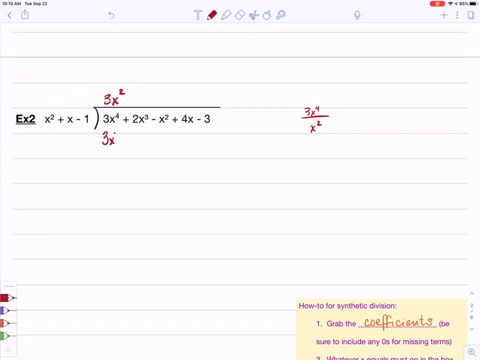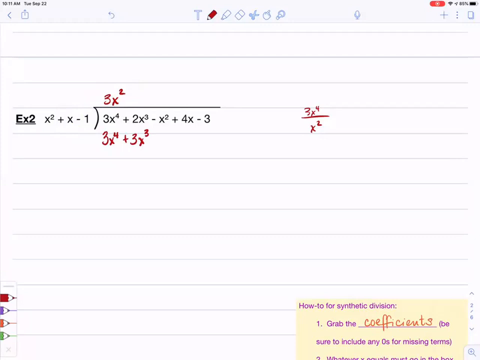Now this is important that you line up the like terms because we're going to be adding or subtracting in a minute. And then I also have to take the 3x squared and multiply by the middle term. So somebody else, what is 3x squared times a positive x? Positive 3x to the 3rd power, yes.